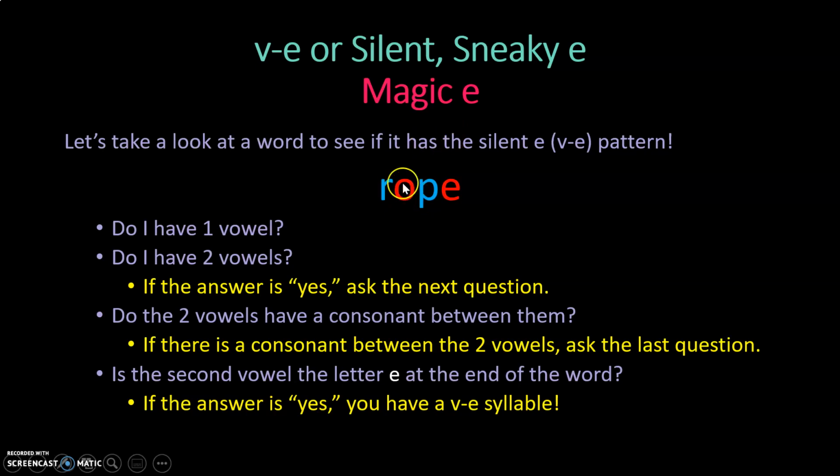Say your name, vowel, making it say its long vowel sound, its name. Oh! So the O is going to say the long sound. Oh! Say it with me. Oh! And the E says, that's right. It says nothing because it's silent. So this word is going to be rope.